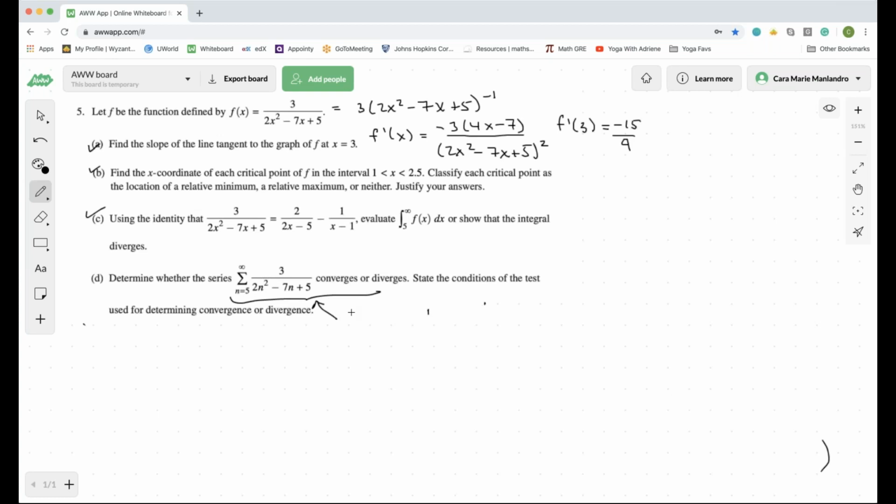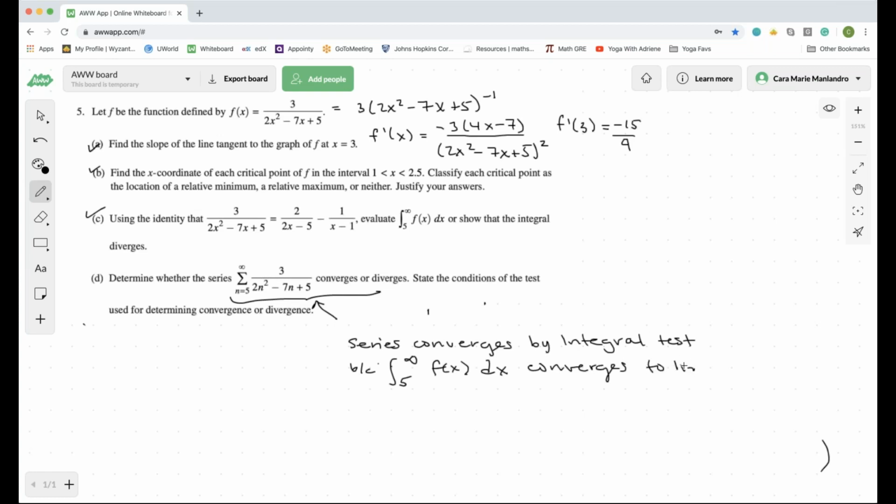All right, since we just did the integral, we can say that we know that the series converges by the integral test. Hang on, we're going to state the conditions there. Because the integral of f of x dx converges to a fixed point, right?